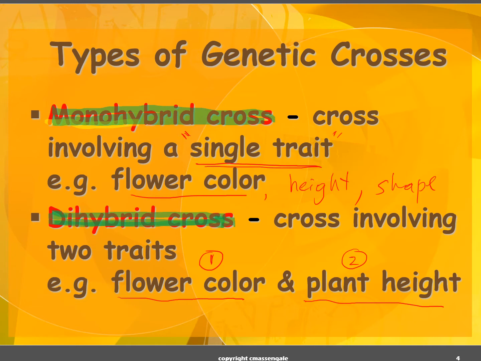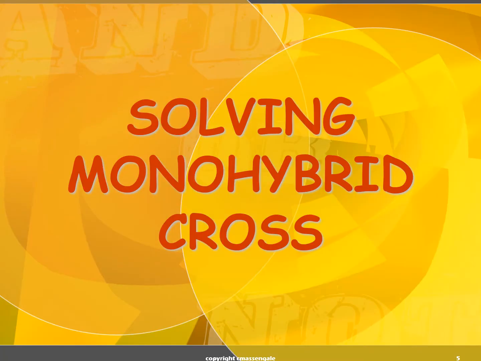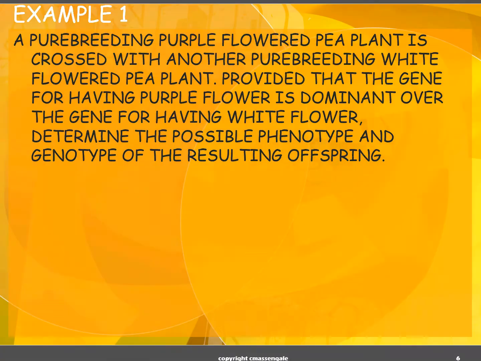Now let's try to answer some monohybrid cross problems. Solving a monohybrid cross, example number 1. A pure breeding purple flowered pea plant is crossed with another pure breeding white flowered pea plant.